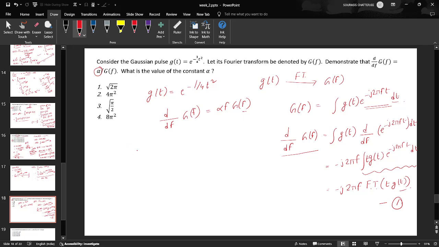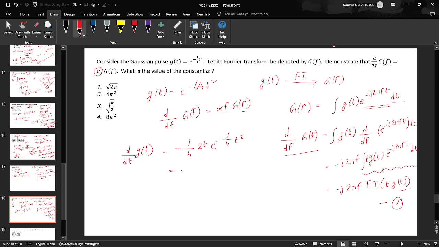Now we focus on what happens when we first take the derivative of g(t). So what will we obtain? d/dt of g(t) will basically be minus 1 over 4 times 2t, e to the power minus 1 over 4 t squared, right?